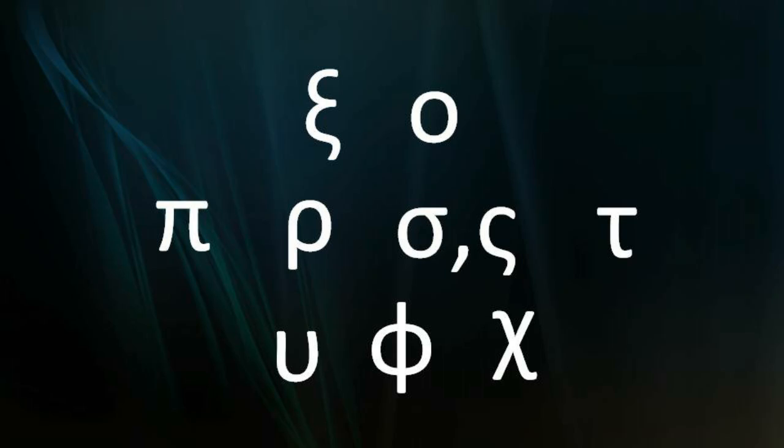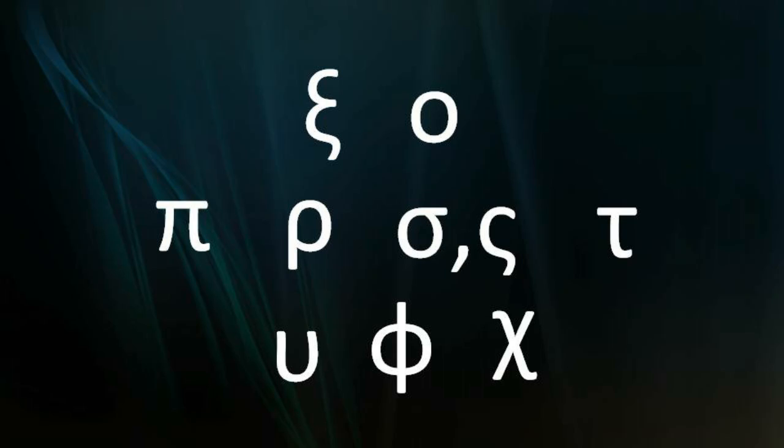Let's do it one more time. Xi, omicron, pi, rho, sigma, tau, upsilon, phi, chi. We need some more repetition, so let's do the last cluster we did. Repeat after me. Upsilon, phi, chi.